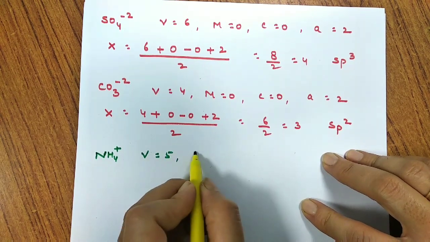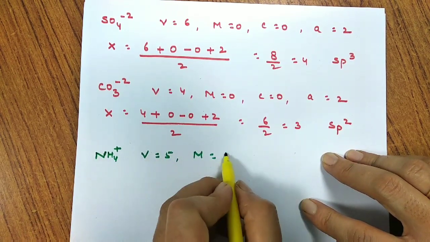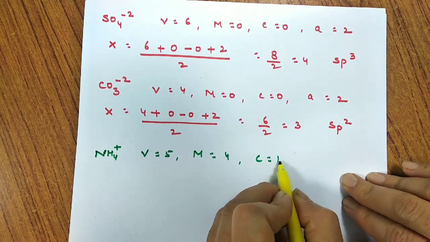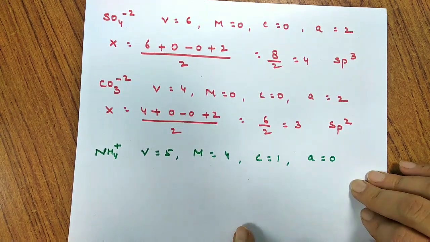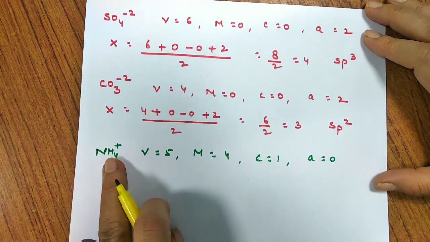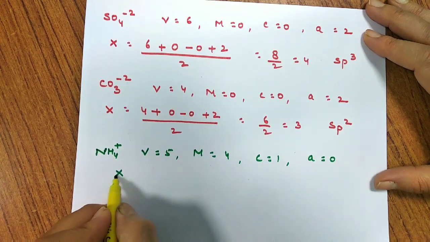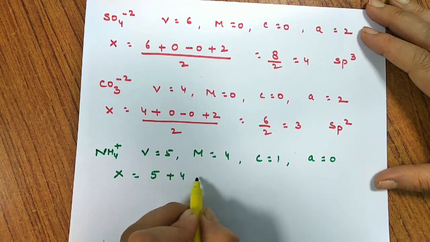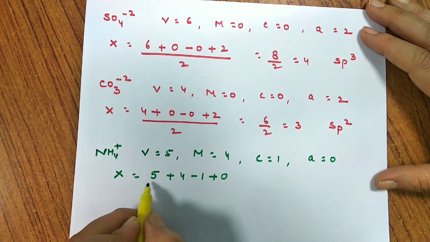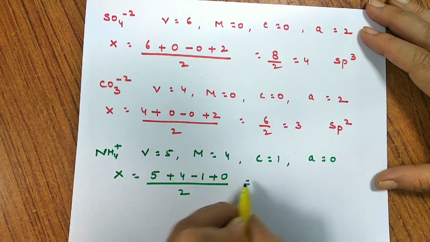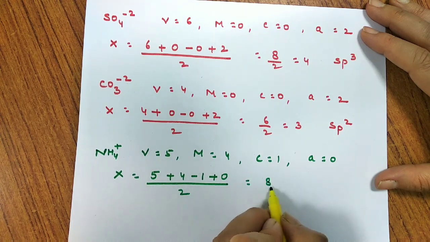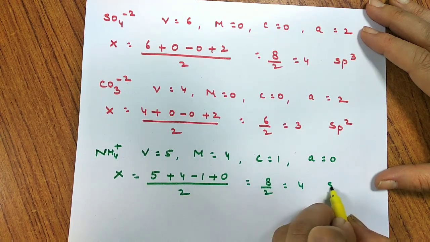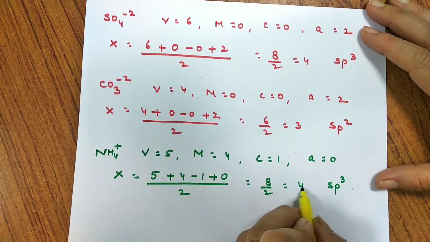V is 5, M: there are 4 monovalent atoms. C is 1, A is 0. The cation has 1 positive charge. Okay, find the value of X. X comes out to be 5 plus 4 minus 1 plus 0, divided by 2. 9 minus 1, 8/2, that is 4, and thus the hybrid state would be sp3.